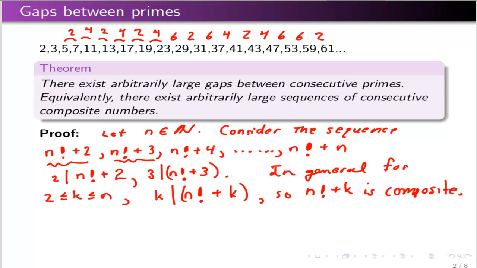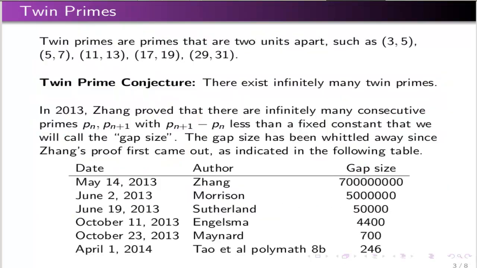And thus I've got n minus 1 consecutive positive numbers, composites. QED. All right, so that's one of the few theorems about primes that one can actually prove relatively easily. That one and the fact that there are infinitely many primes. Those are kind of the elementary results.